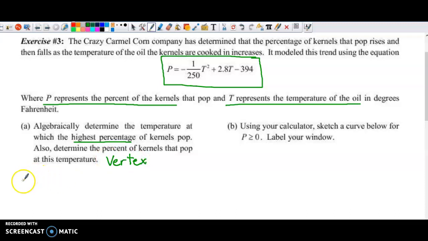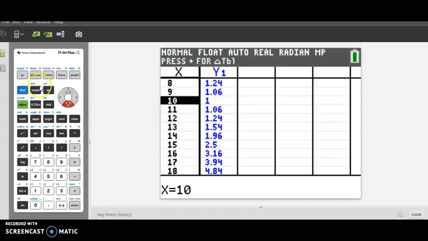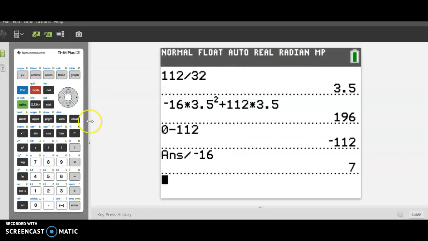So that's going to tell me to use my x equals negative b over 2a formula. And again, I use t because that's the independent variable. So negative of 2.8 divided by doubling that, negative 1 over 250. And what I like so much about these calculators is I can actually just type it in that way.